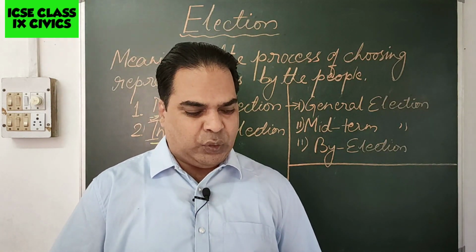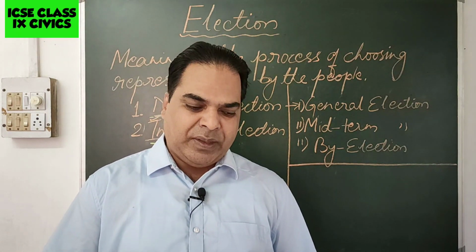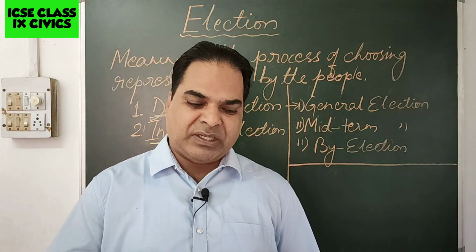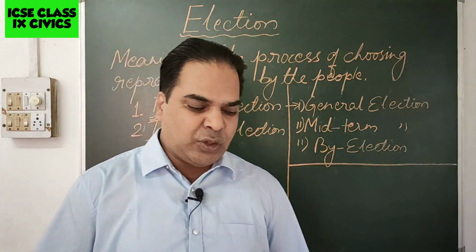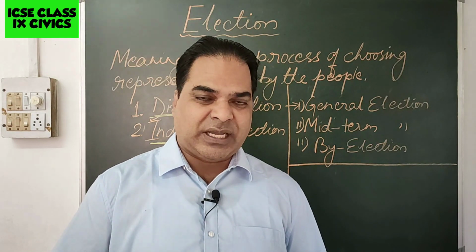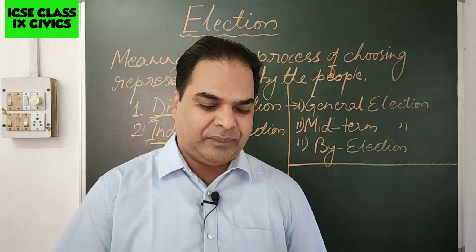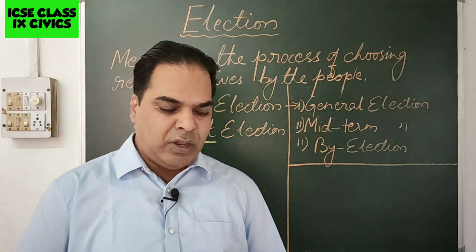Gujarat 182, Jammu and Kashmir 71, Karnataka 224, Odisha 147, Punjab 117, Uttar Pradesh 403. So the highest number of constituencies is in Uttar Pradesh, 403. And West Bengal is divided into 294 constituencies.